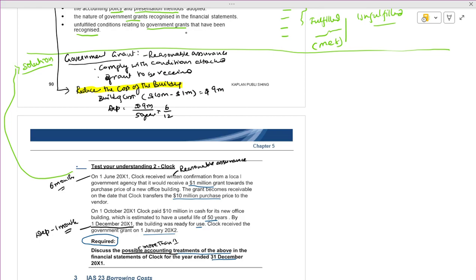Depreciation is for 1 month, means 9 divided by 50 times 1 by 12. It comes to 0.015 million, or 15,000.